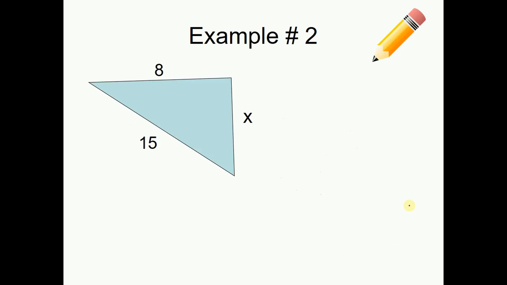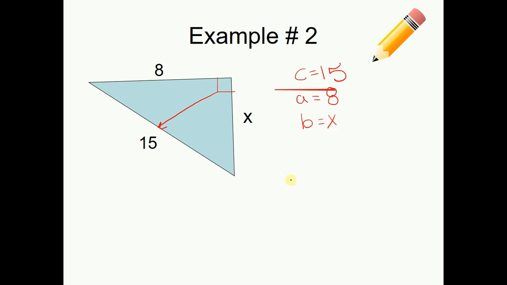Let's try the second example here. So notice, guys, I've got my right angle right in the corner here. Whoops. Got a right angle right here. So if I draw my line pointing, looks like 15 is C. So C is 15. Looks like A is 8 and B is x.